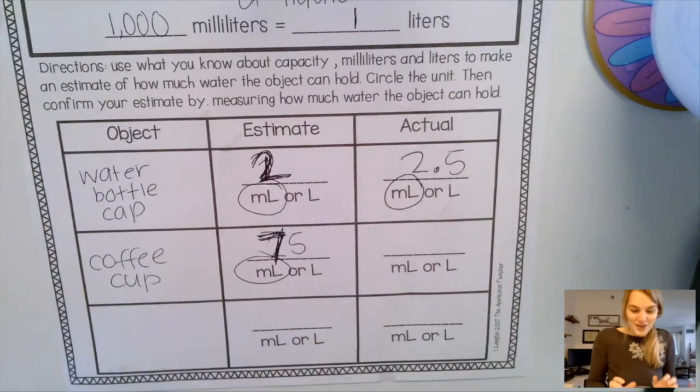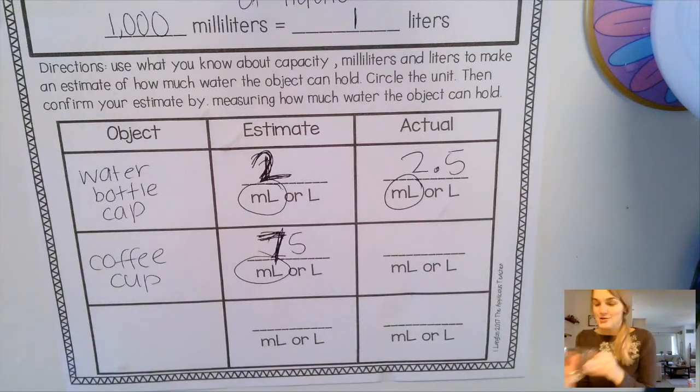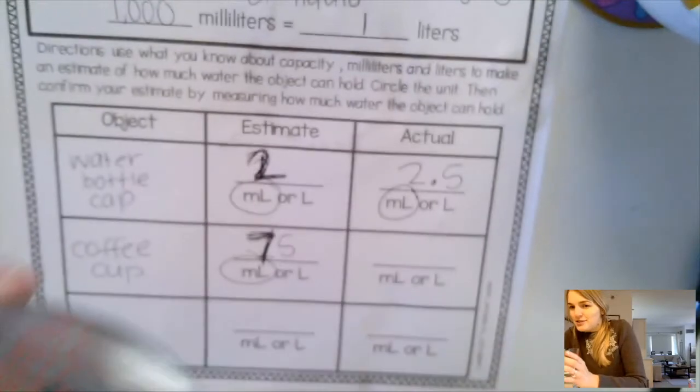Okay, so I am going to show you this. And so here I have all my measurements of milliliters. And I am going to pour Chip's amount of water in here. Oh, I was way off. Silly Miss Jimmy. Let's see what it actually turned out to be.